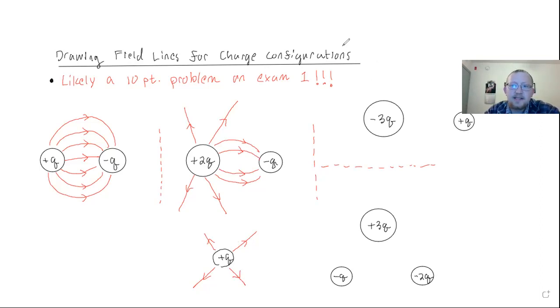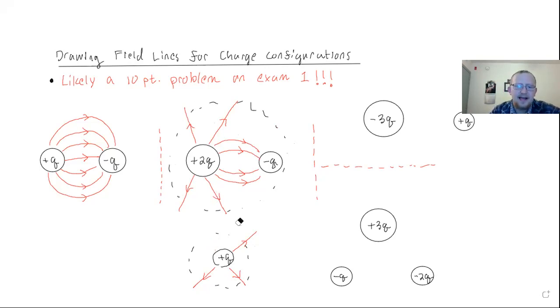So what you may notice is that at some distance, some radius away from these 2 configurations I have drawn, there's 4 field lines that are kind of escaping radially from the plus 2Q minus Q configuration. And there's also 4 field lines radially escaping from the plus Q down here below.